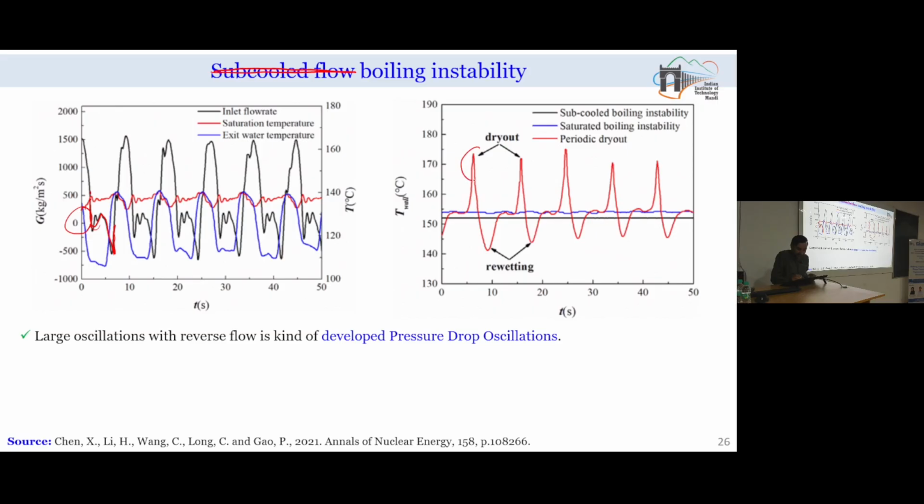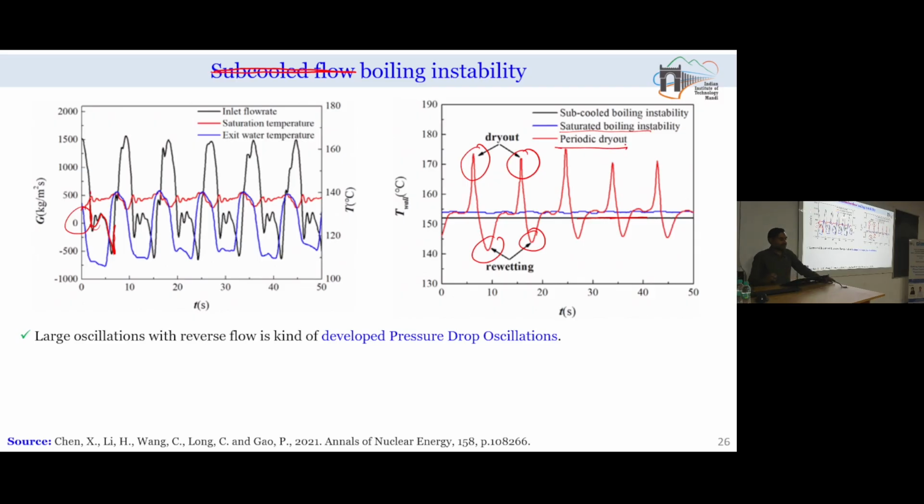So there is a sudden rise in the wall temperature because of the dry out. And whenever you are able to cool, like flow has established, liquid has just quenched the heater surface, then you will be finding a significant decrease in the wall temperature. Here you can see that in case of subcooled boiling, my heater surface temperature is a fixed value. In case of saturated boiling, because some portions of the heater surface will be covered with vapor bubbles, you can see small fluctuations in the heater surface temperature.